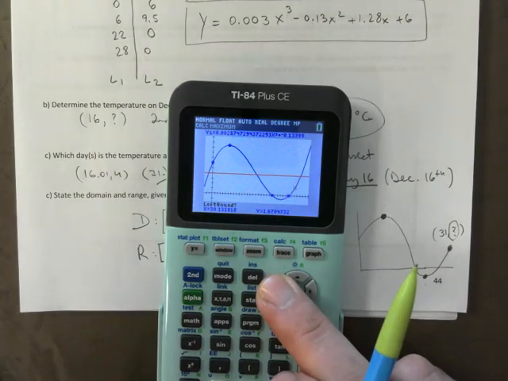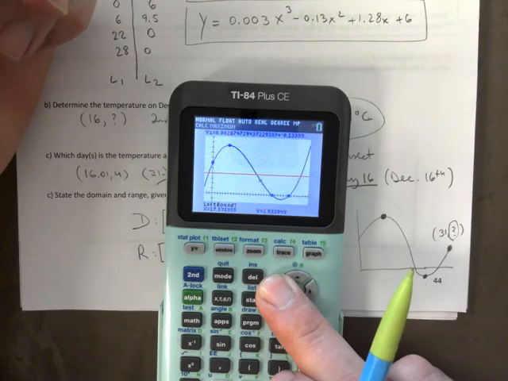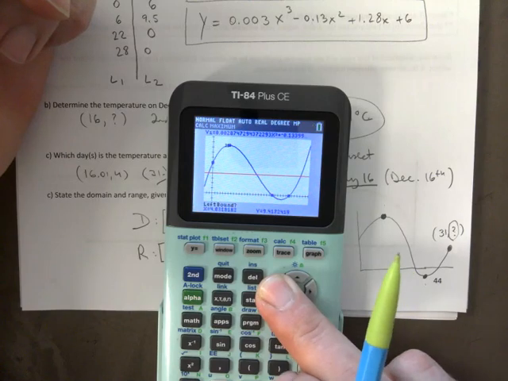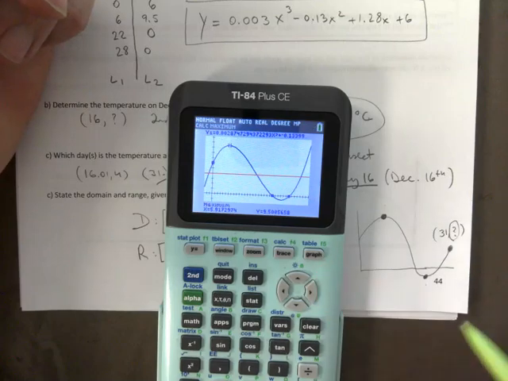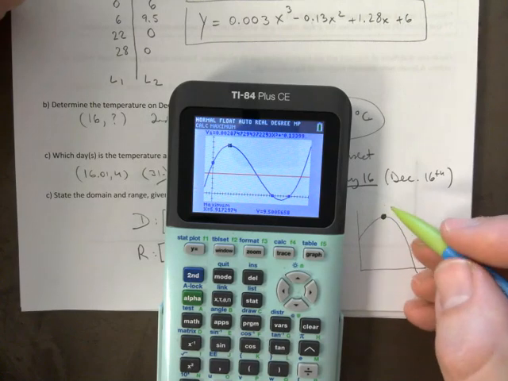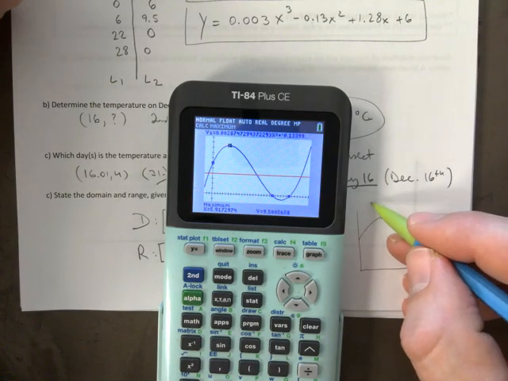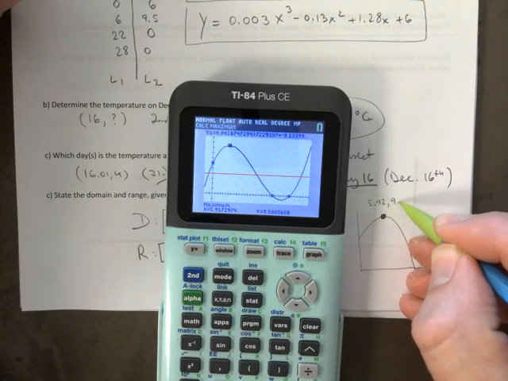Actually, since I went with max, I have to go to this point here first. We already knew what that was, but it is 9.5, right?